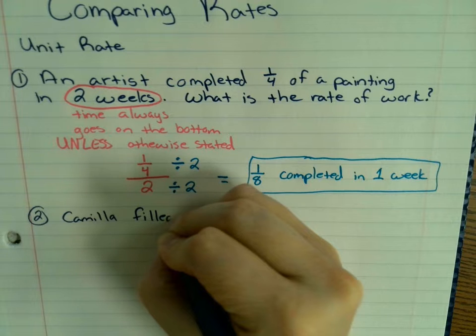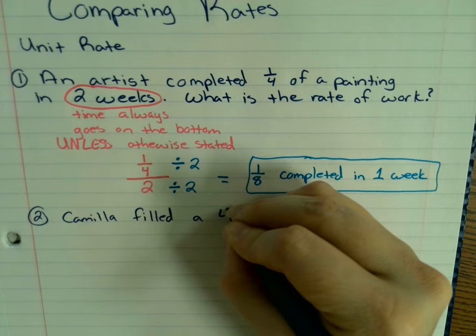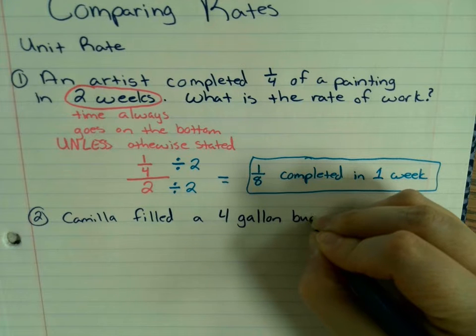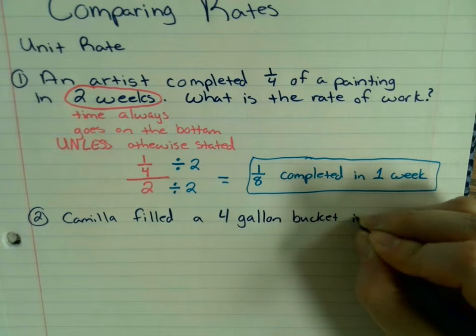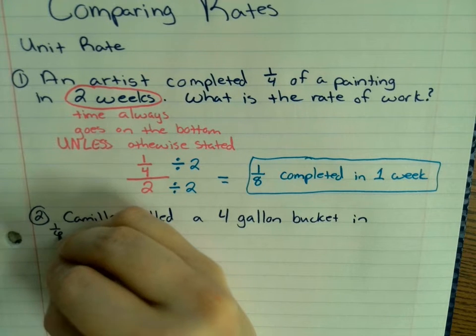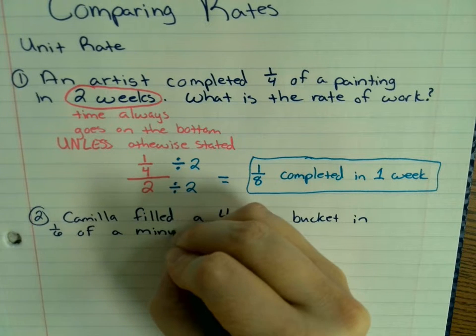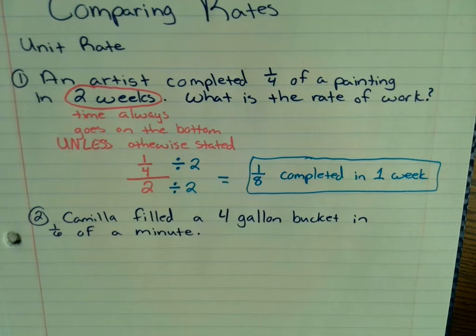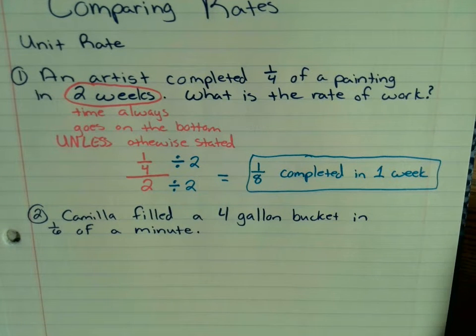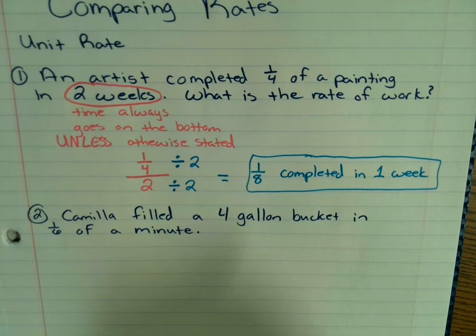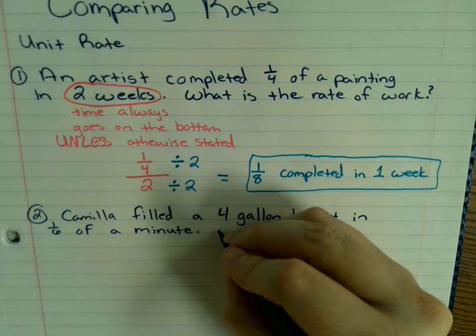Camila filled a 4-gallon bucket in 1/6 of a minute. So she's got the water running, she's filling up a bucket. The bucket is a 4-gallon bucket, and it was filled completely to the top in 1/6 of a minute, which is basically 10 seconds. So again, I want to know, what is the rate?